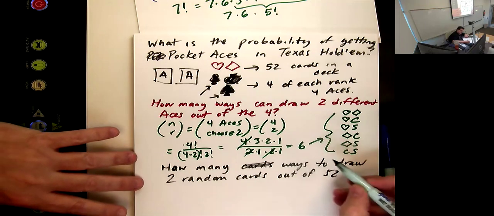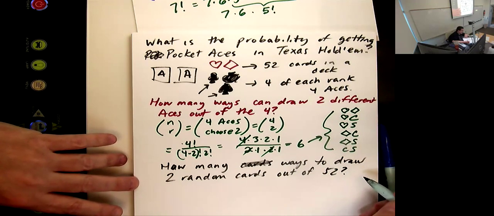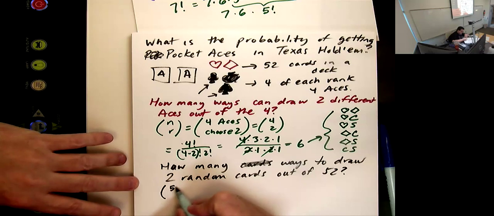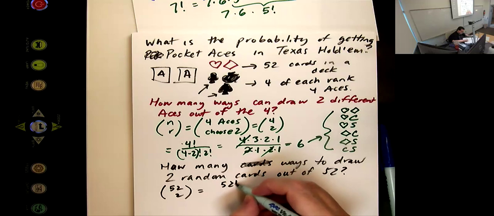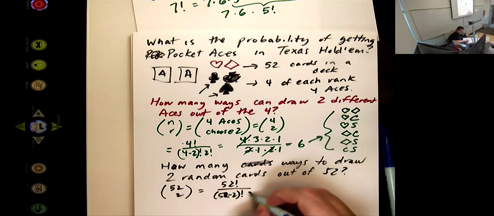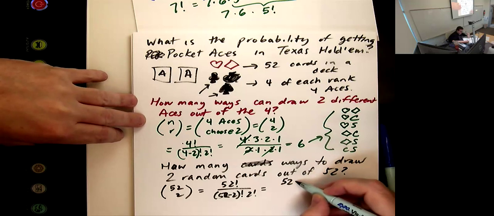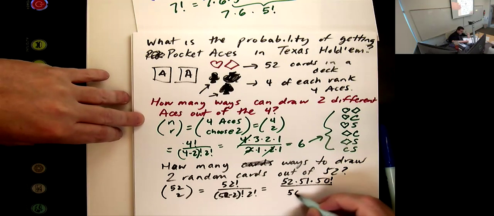How many ways to draw 2 random cards out of 52? I'm not drawing all the combinations. There's a lot. Yeah, there's a ton. I don't know that I could do it on a single piece of paper. So we're just gonna do 52 choose 2. Fifty-two factorial over 50 factorial times 2.